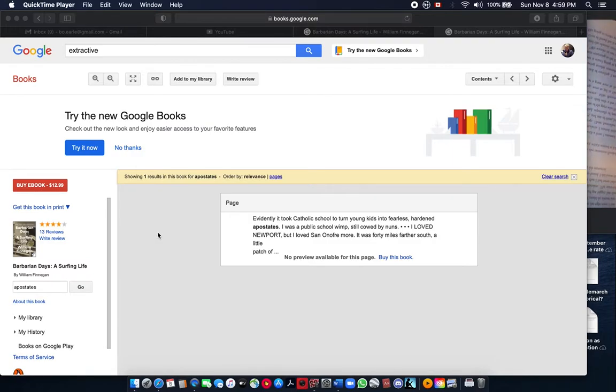Later, he interestingly mentions that he meets some proper Catholic schoolboys around LA. Although he was raised Catholic, he didn't go to Catholic school. But he says he's scandalized by these Catholic schoolboys' lack of religion, and says, "Evidently it took Catholic school to turn young kids into fearless, hardened apostates. I was a public school wimp, still cowed by nuns."